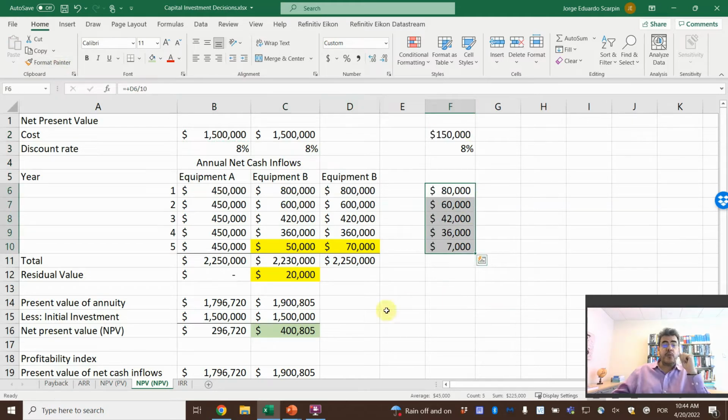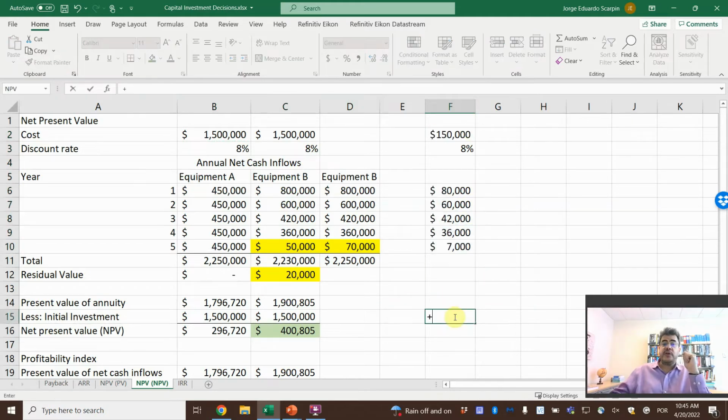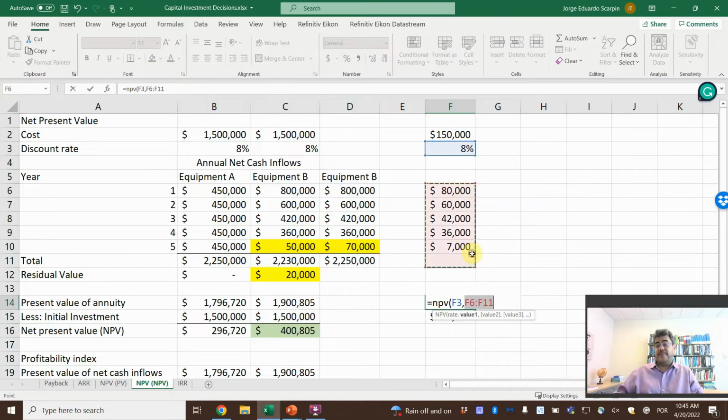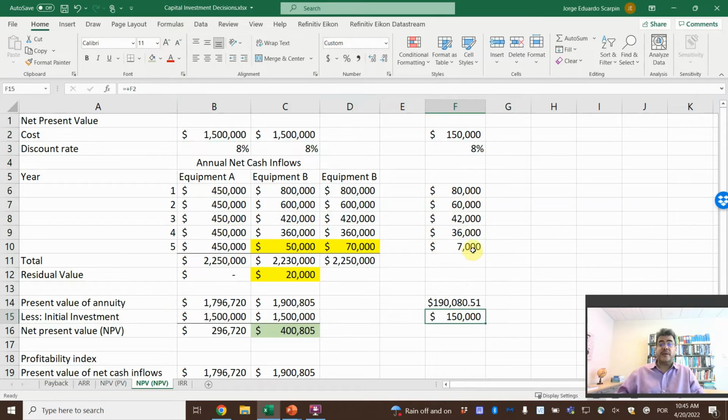Let's see what we have. Initial investment, 150. Present value of the annuity, NPV. Discount rate, comma, the numbers, another way to do that. 190. If we can see here, divided by 10.